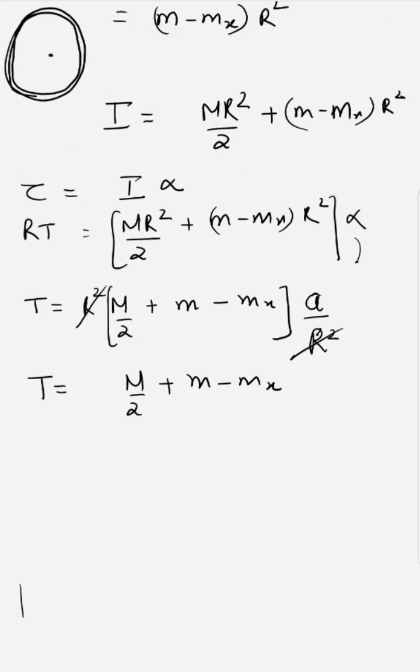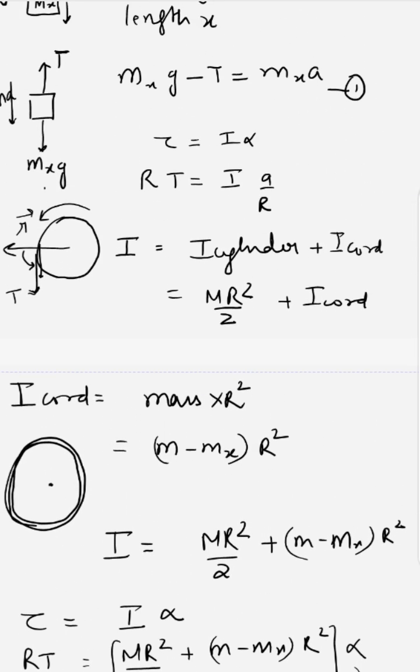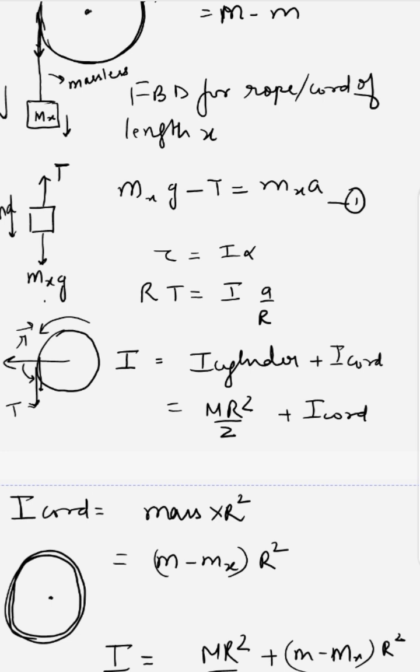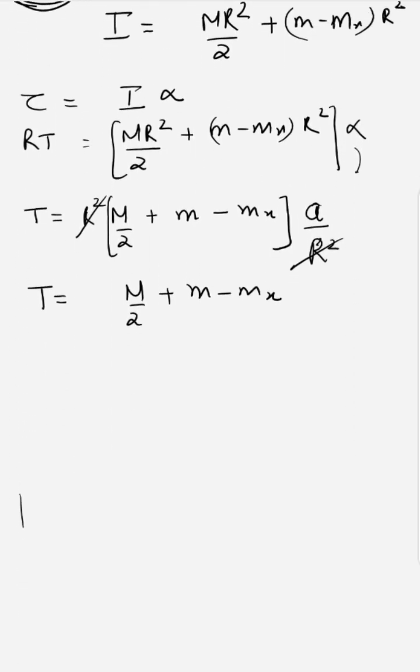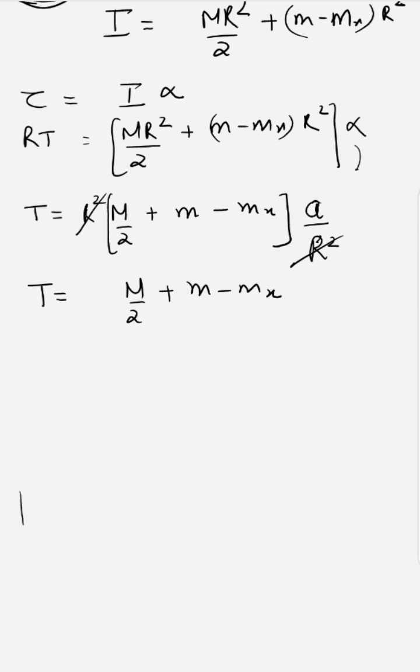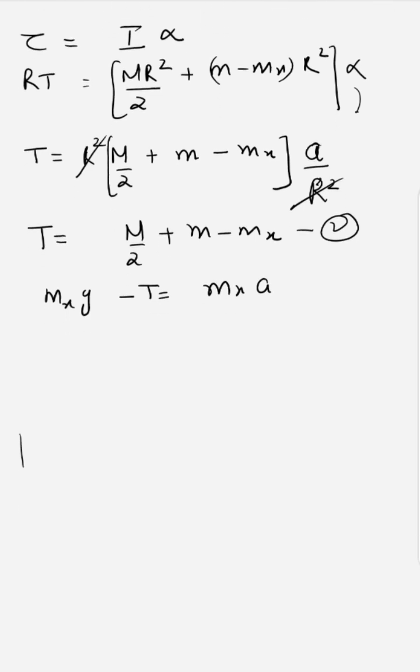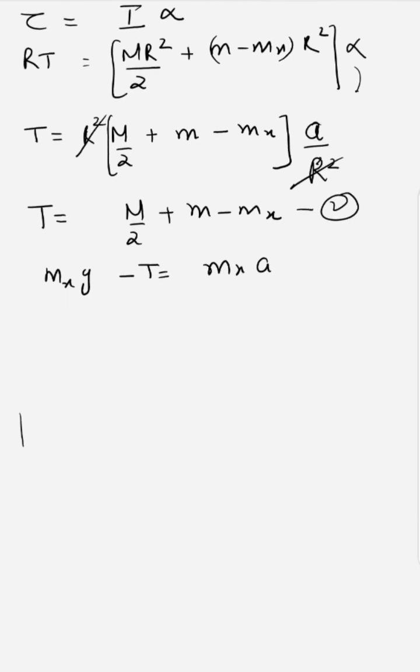Now we have also got another equation, if you see, which is mxg minus T is equal to mxa. This was the first equation, and the other you can keep as the second equation. So if I add the two, T gets cancelled, isn't it?